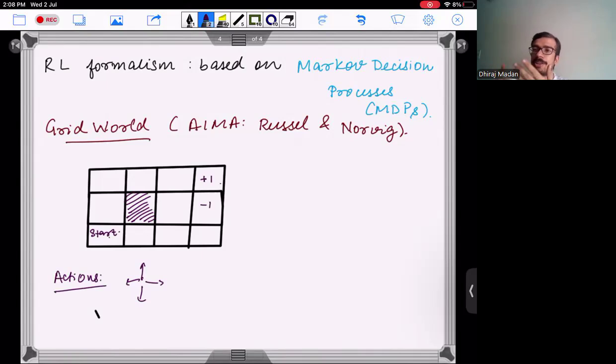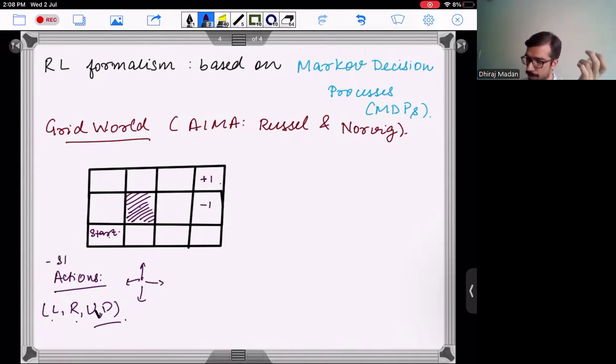You can think of it like when you are playing a computer game: whatever controls are available to you are actions. We'll define these things formally again, but right now, in this particular game, at every cell you have four possible choices: you can go left, right, up, or down. There are 11 possible cells available to you; this particular cell is unavailable.